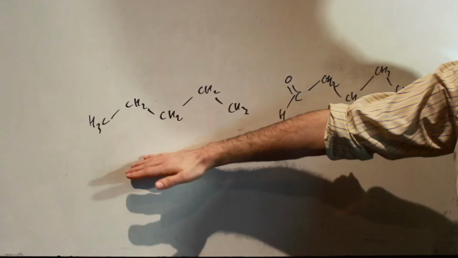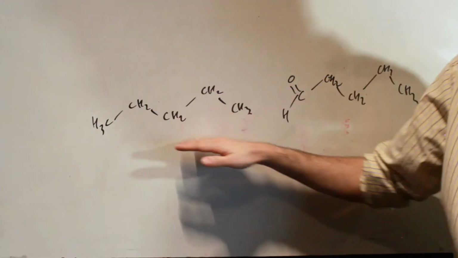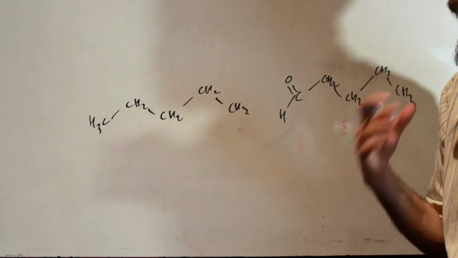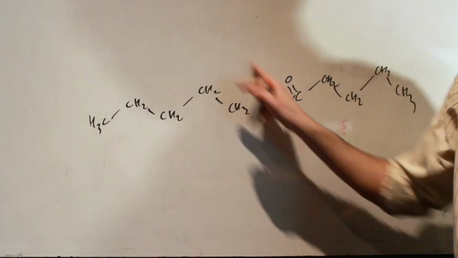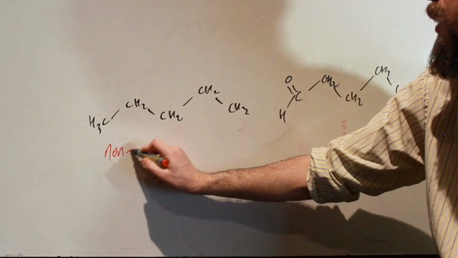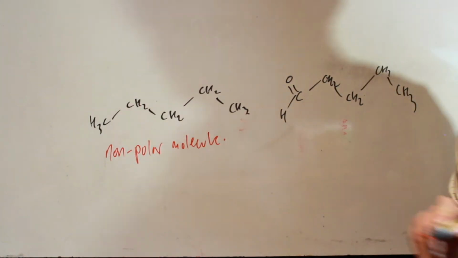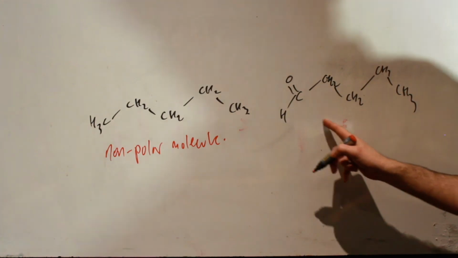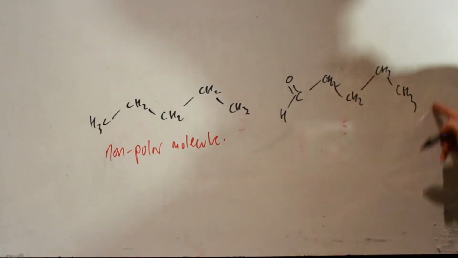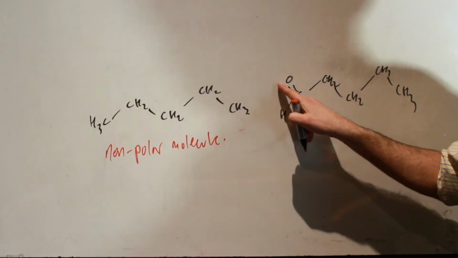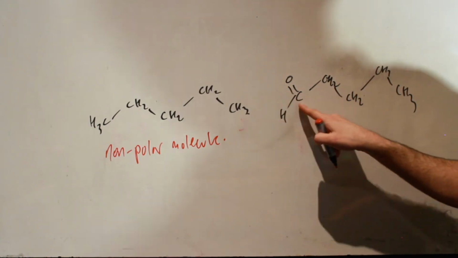So we can see our pentane over here. We have all non-polar bonds. Carbon and hydrogen have a very, very similar electronegativity. These are all non-polar bonds, so this will be a non-polar molecule. Conversely, in our pentanal, all of these are non-polar bonds. However, down here we have oxygen that has a higher electronegativity than carbon.